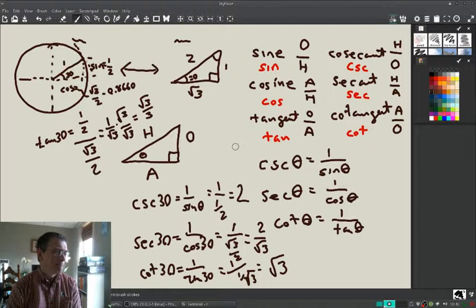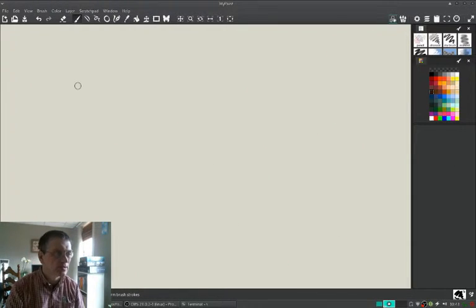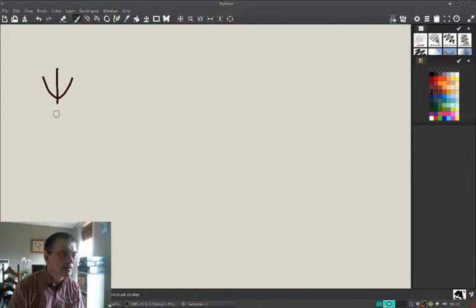One brief thing I did want to mention, which we'll talk about more later when we look at periodic functions, is that we talk about functions being even or odd.